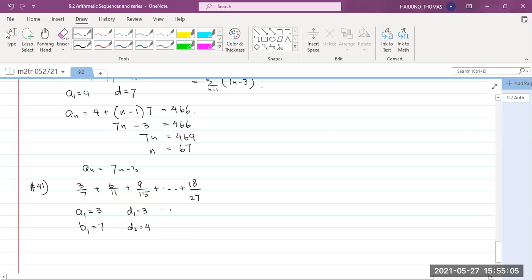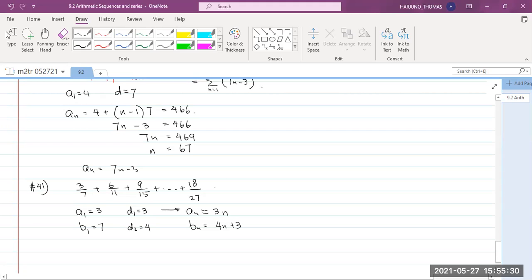Okay, so on the numerator, the a sub n is, if you do it fast, that will be 3n. You figure out, okay? But the denominator has the pattern 4n plus 3.